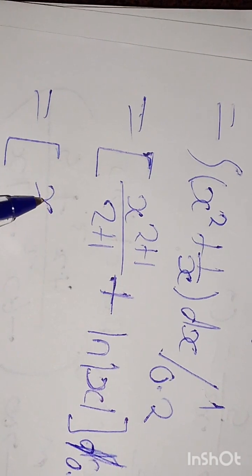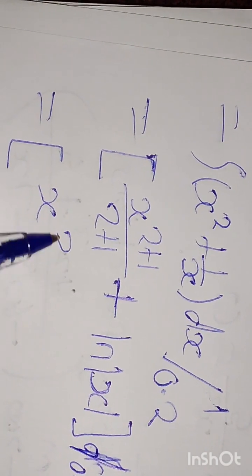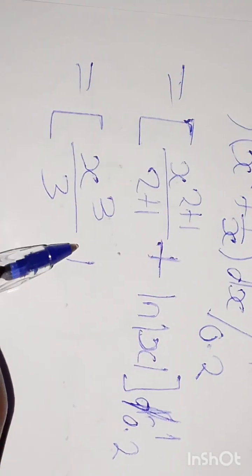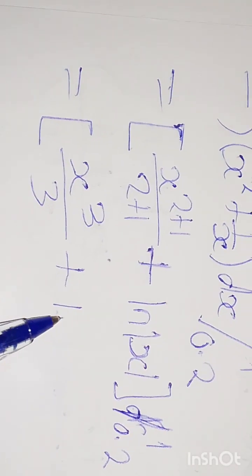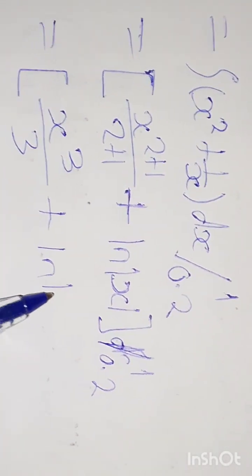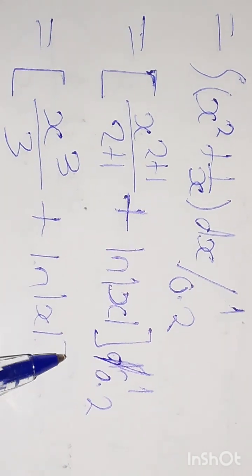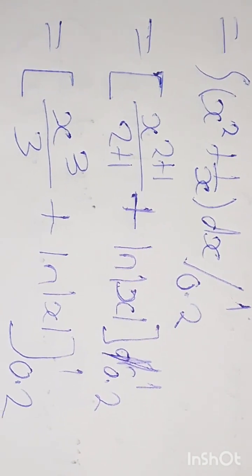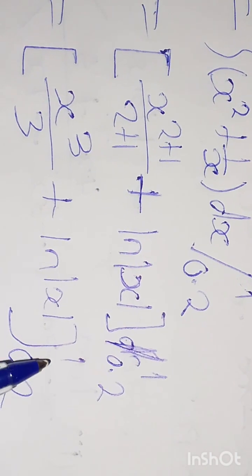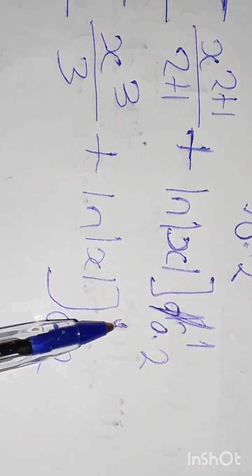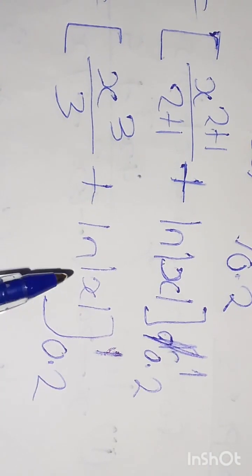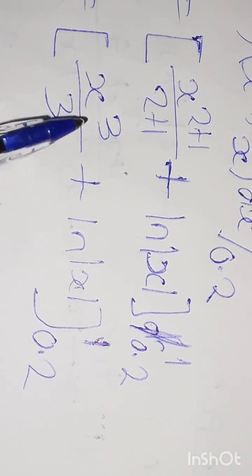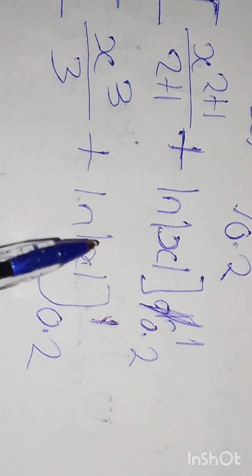So x to the power 2 plus 1, it's 3, over 3, plus ln of the modulus of x, from 0.2 to 1. What are we going to do now? We said we'll start with the upper limit. We substitute it where there is x, minus the lower limit substituted in this same equation.